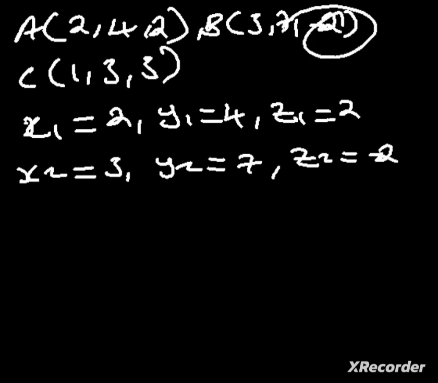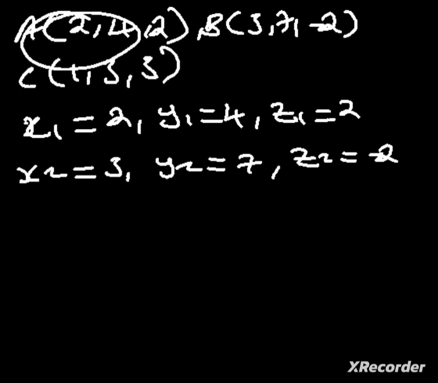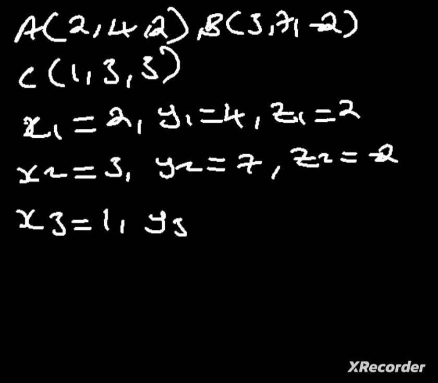The point A will correspond to the first coordinates, x1, y1, and z1, and the point B will correspond to the second coordinates. Likewise, x3 is 1, y3 is 3, and z3 is 3 as well.